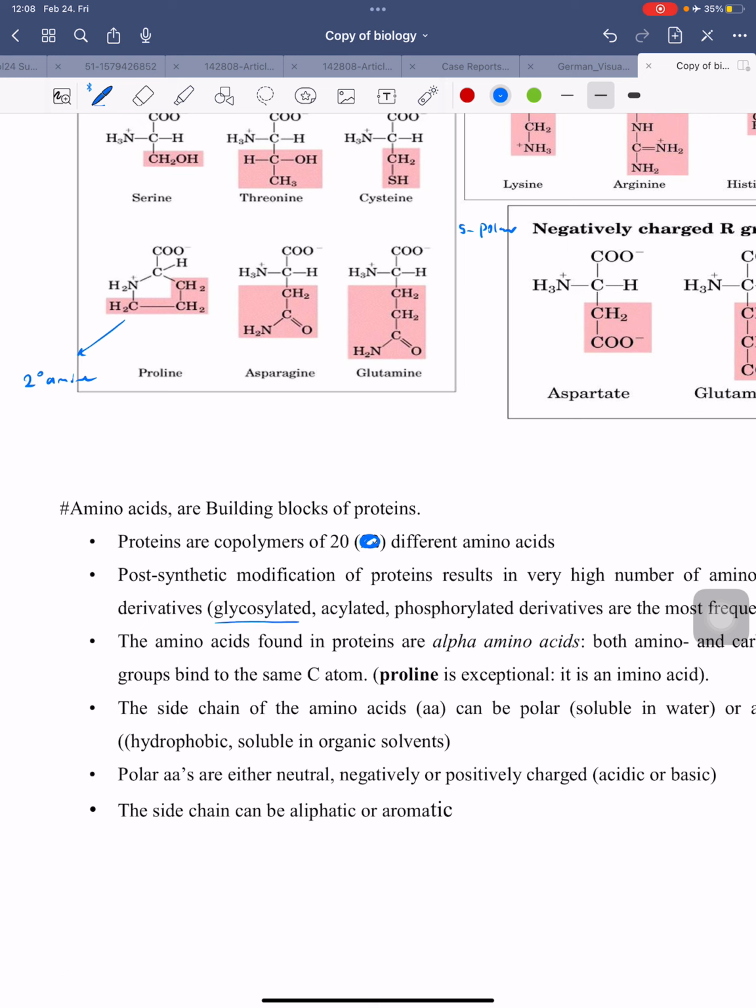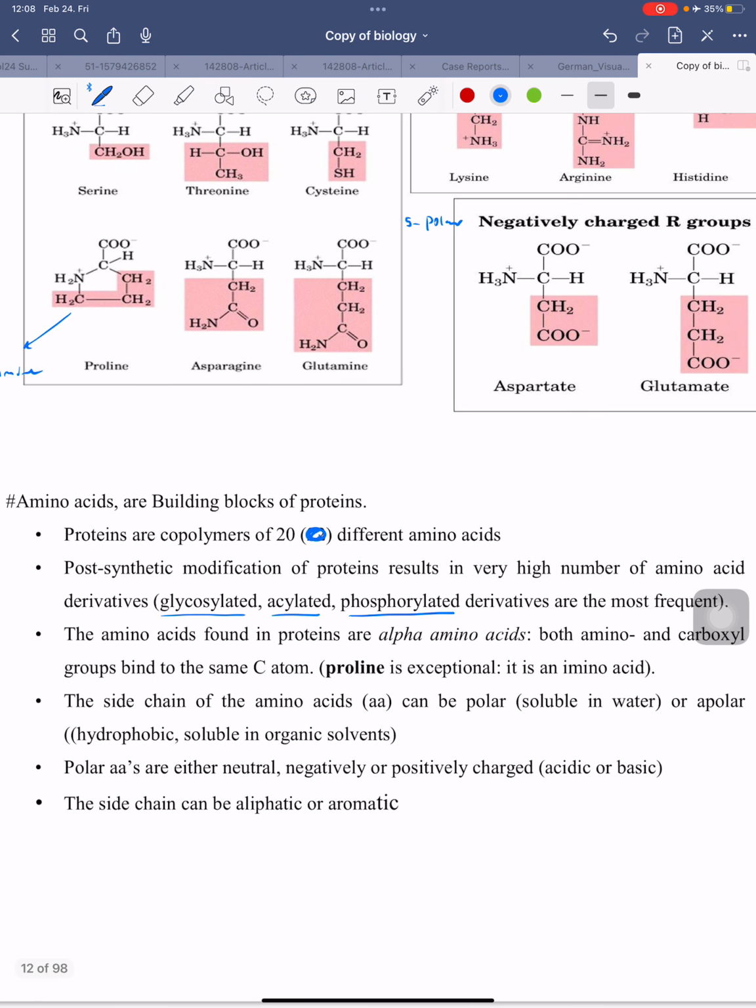We can add sugar, acetyl groups, phosphate groups, and make more modifications of the structure. The amino acids found in proteins are alpha amino acids, which is important. All of them are primary except proline, which is secondary.